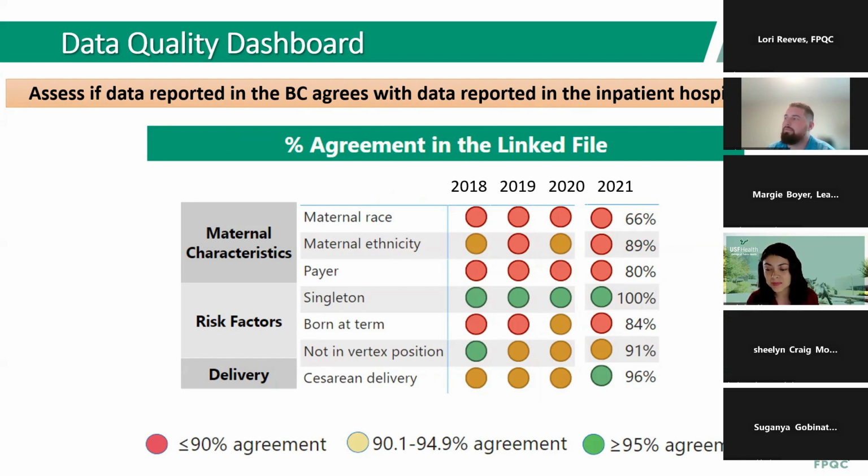It's a big problem. So this hospital, we're going to take it as an example. The agreement for the patient's race is about 66%. That means about a third of the time the information in the medical chart is wrong, right? So other important information like ethnicity and payer details for this particular hospital is also low, about 89% and 80% respectively.